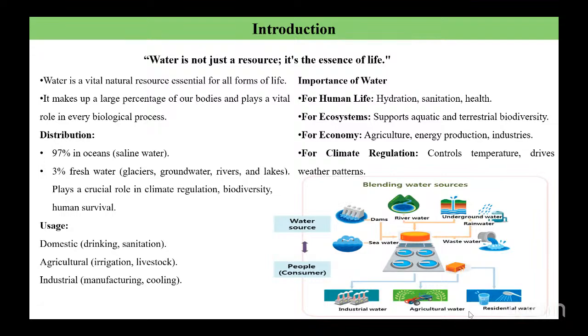So the more water, the more cooling; more trees, a cooler environment is present. And this exactly drives the weather patterns as well. If we look into the picture here, a major amount of water is being converted, transported to the dams where the regulation of water is being done.